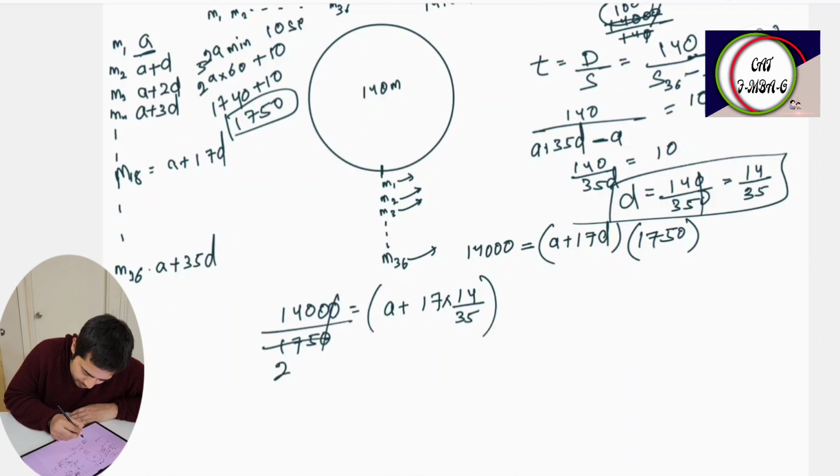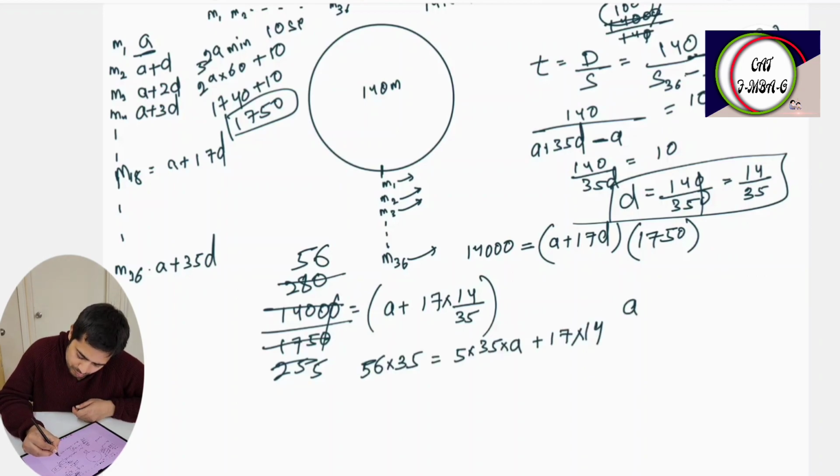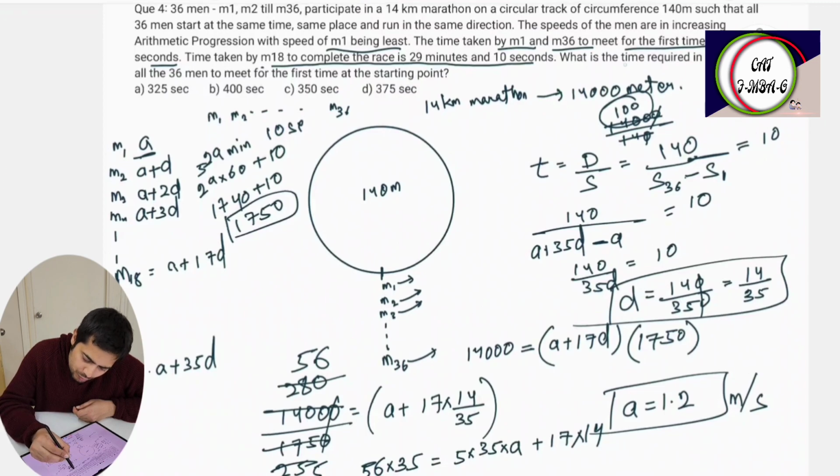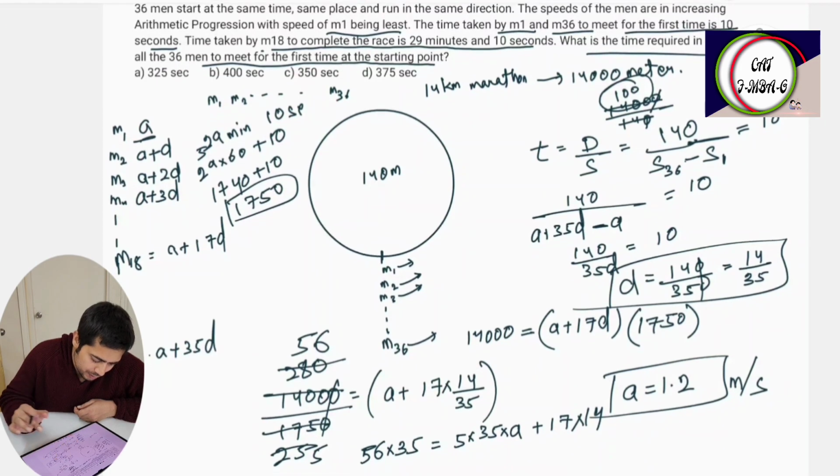So a comes out to be 1.2 meters per second. What we have to find out is the time required in seconds for all the 36 men to meet for the first time at the starting point. And what is d? d is 14 divided by 35, which is 0.4. So d is 0.4.